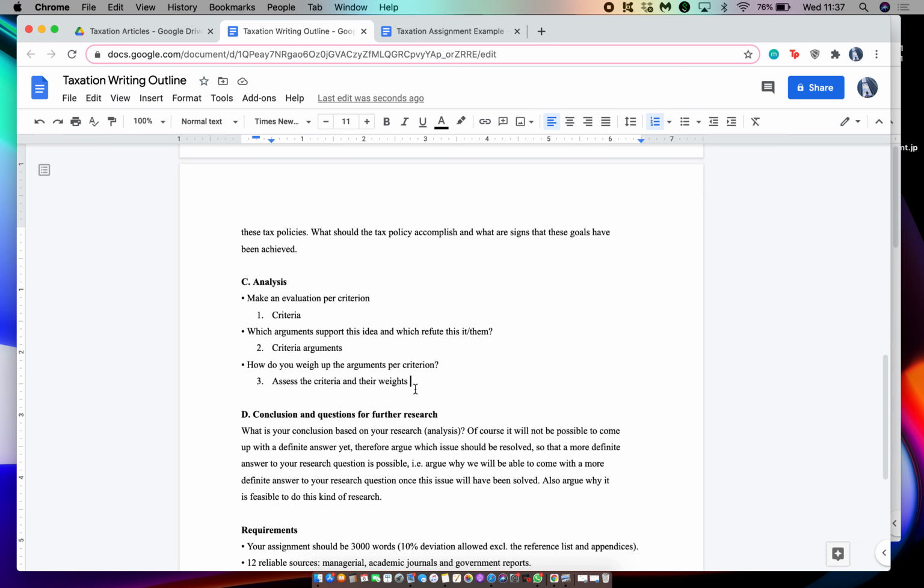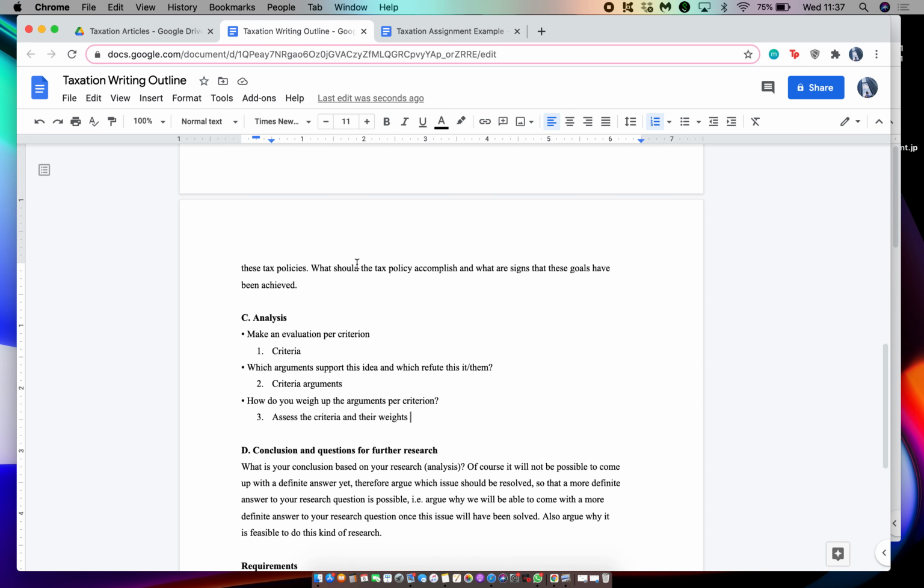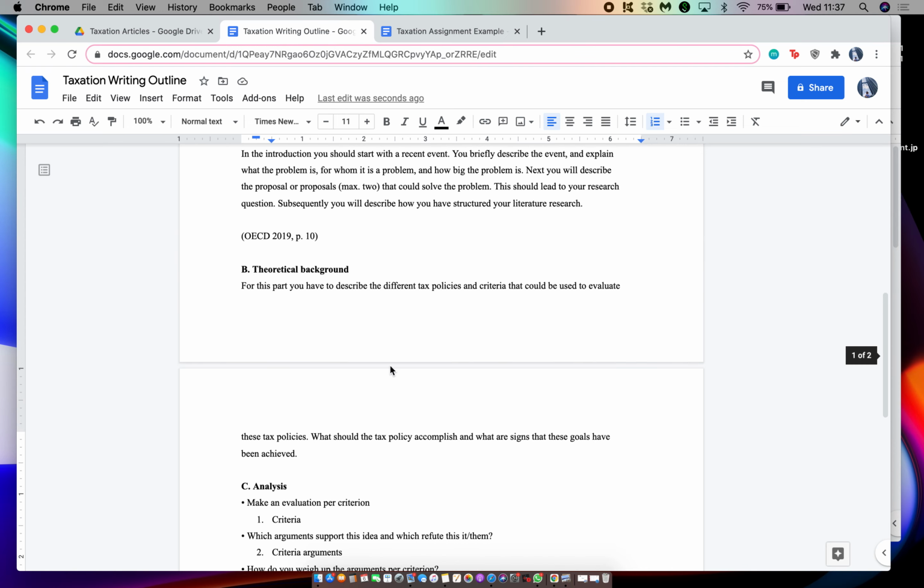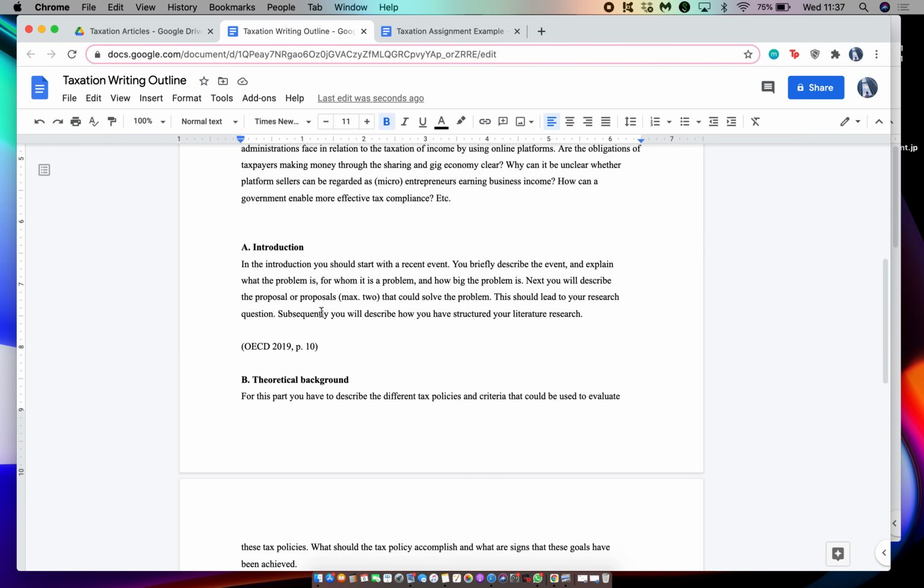So that's an example of how you can break down each section, because I know they're pretty big and it's going to be a lot of words.